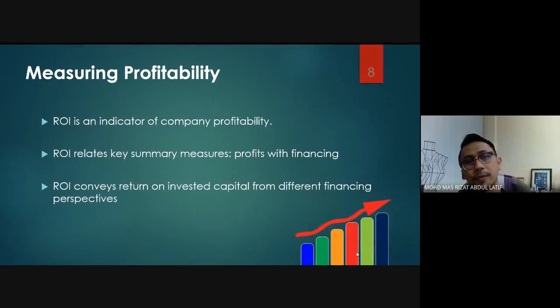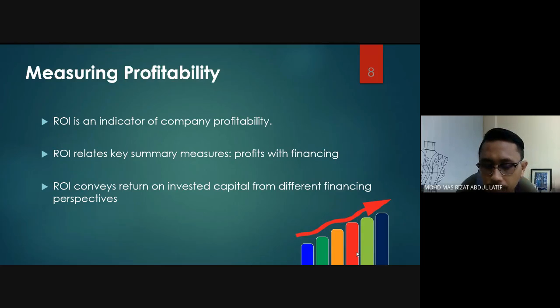Okay, measuring profitability. So return on invested capital is an important indicator of a company's long-term financial strength. It uses key summary measures from both the income statement item and the balance sheet item to assess the profitability. So this profitability measure has several advantages over other long-term measures of financial strength or solvency that rely on only balance sheet items such as debt to equity ratio.